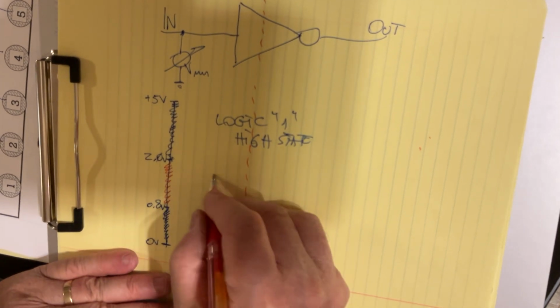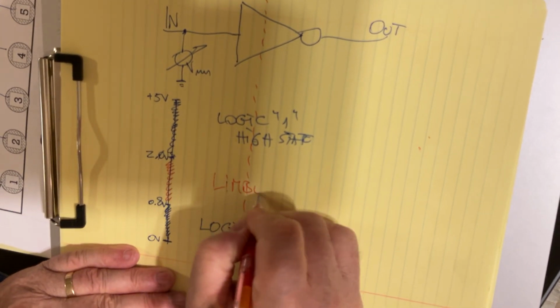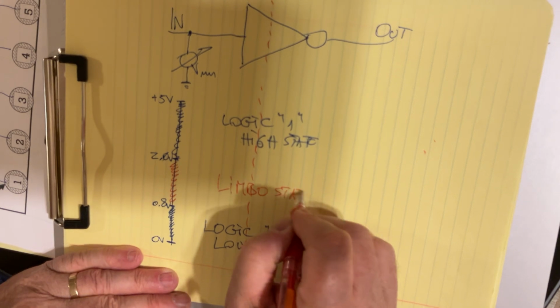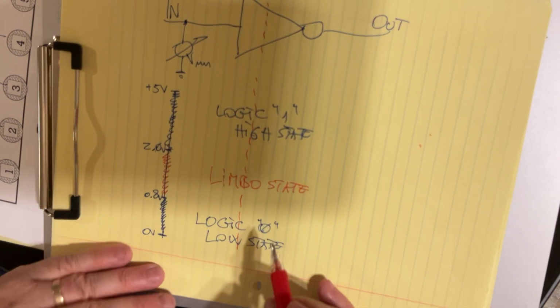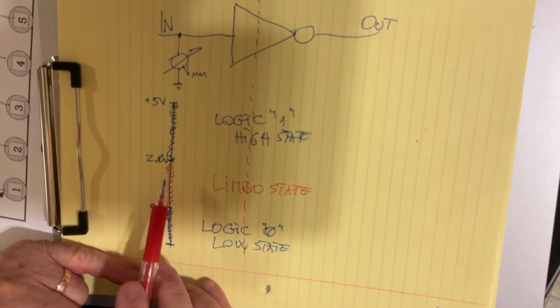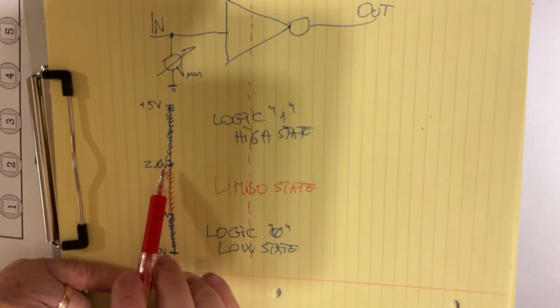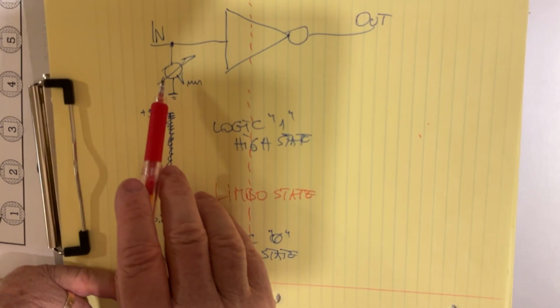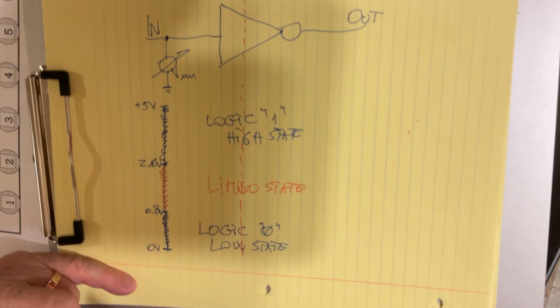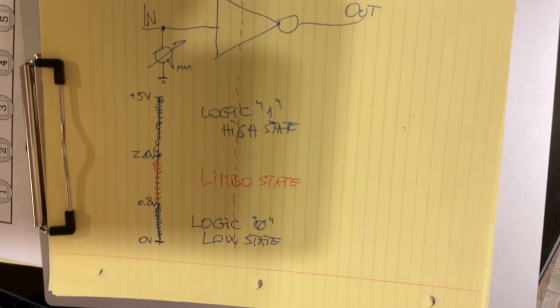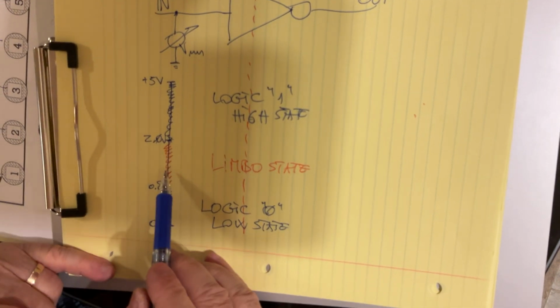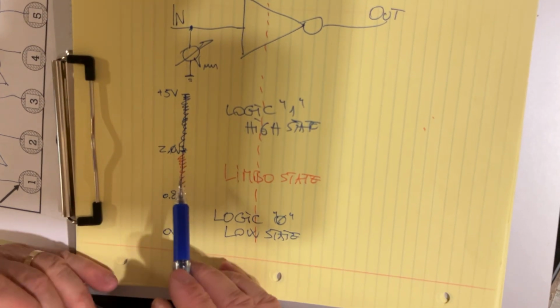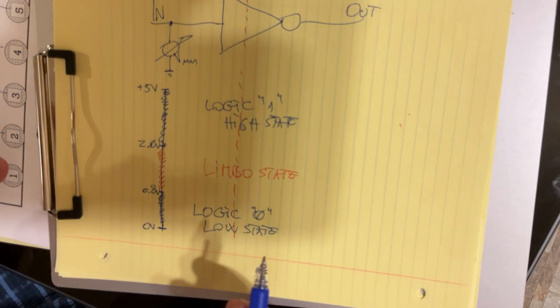We call this the limbo state, simply because it's not clear, it's confusing. When you measure anything between 0.8 and 2 volts at any input of a TTL logic circuit, then you have troubleshooting to do, because it's not 0, it's not 1. It's like you're in no man's land. Everybody's going to shoot at you.